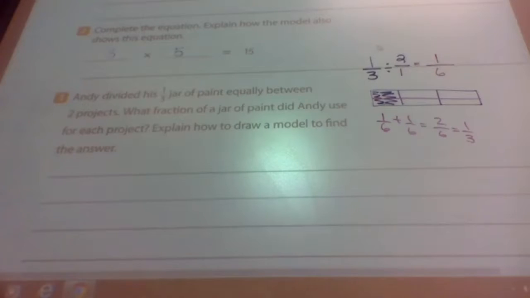All right, that's the first page. So you need to make sure you draw your model. Draw your model. And that's the answers for 1, 2, and 3.